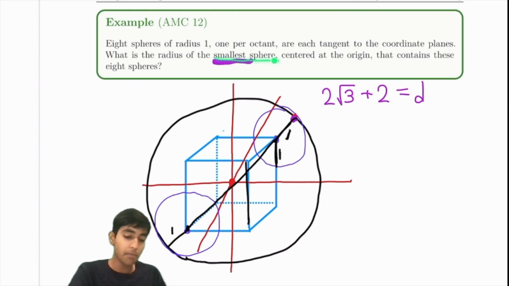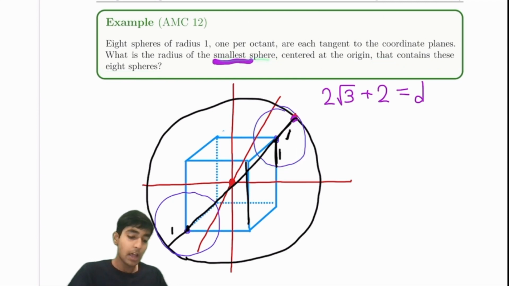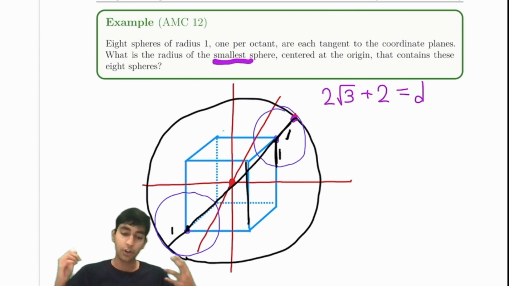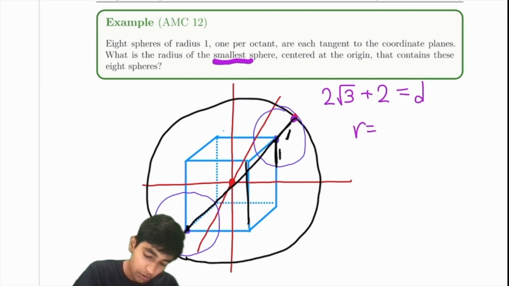Again, the reason is it says the smallest sphere that contains these 8 spheres. So it's the biggest sphere relative to these spheres of radius 1, but we're asking for the smallest possible sphere that does this, because there could be even bigger spheres like this, which just leave a lot of empty room for no reason. So this is the diameter of the sphere we're looking for. The radius will just be half that, so root 3 plus 1.